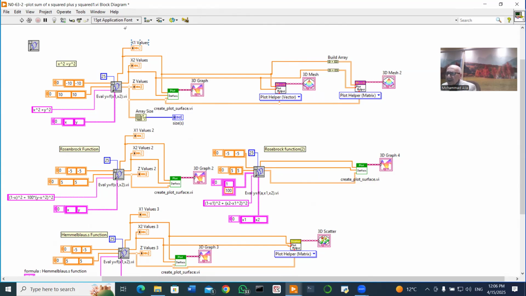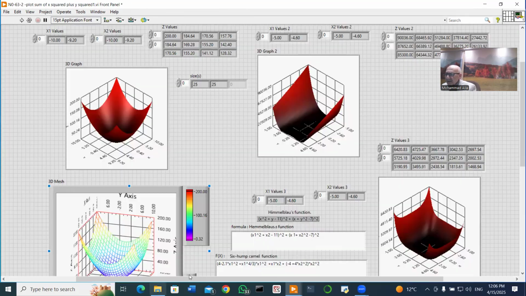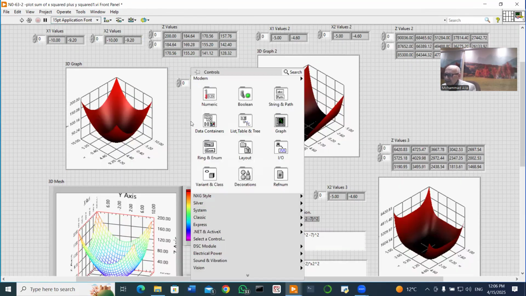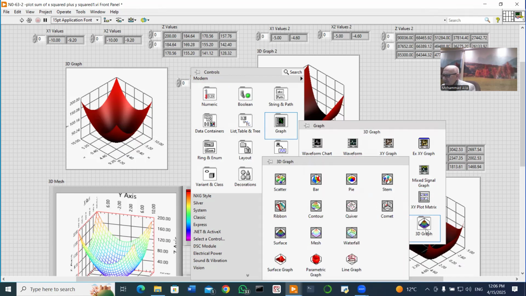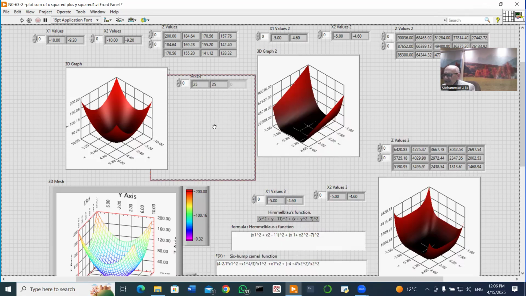You need to go to the front panel, and from the right click anywhere, you will have the palette of controls. You select the graph. From the graph, you go to the three-dimensional graphs, and now you select what you want. If you select a surface graph, you press it and you can put it anywhere you want.